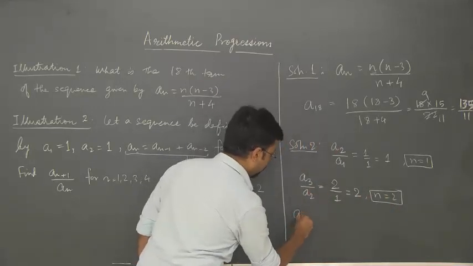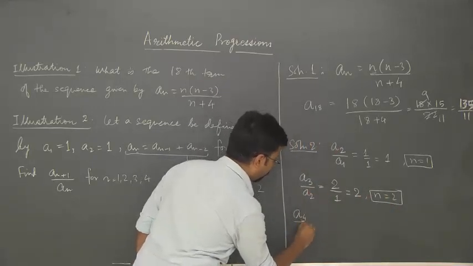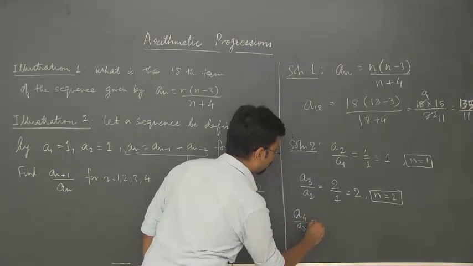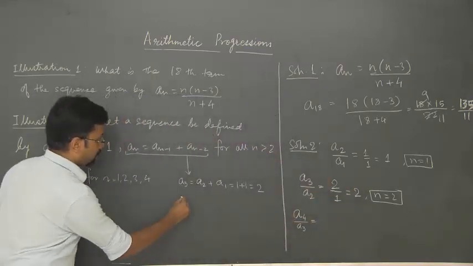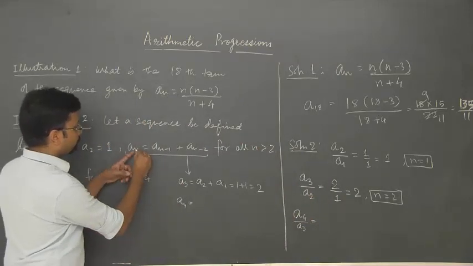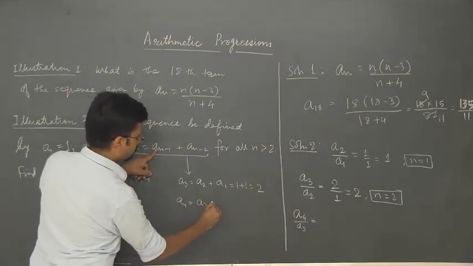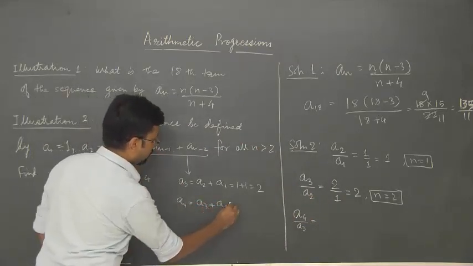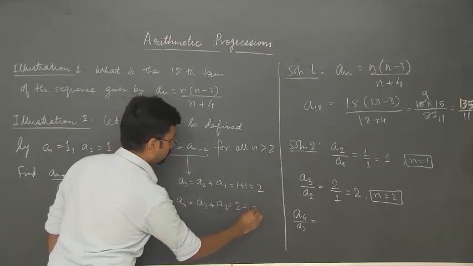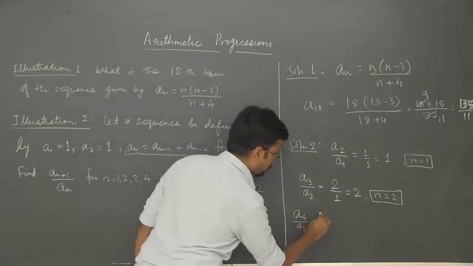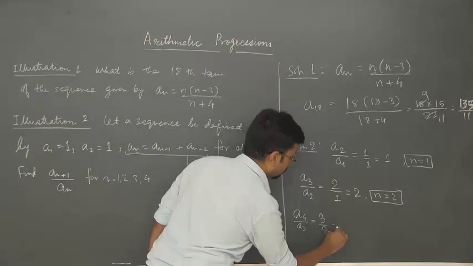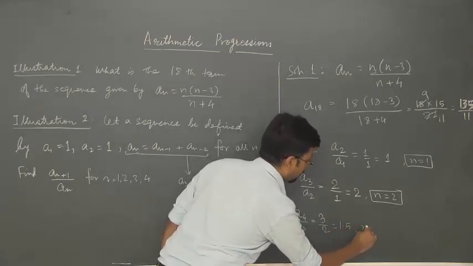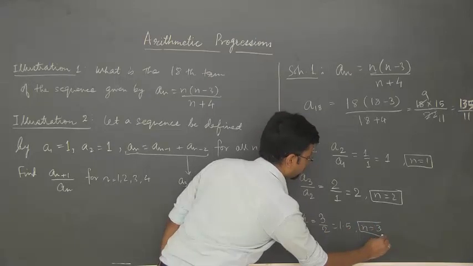Similarly, when we have to find a4 by a3, that is when n equal to 3, what do we get? a4 will be equal to a3 plus a2. a3 is 2 and a2 is 1. We get 3. So here we get 3 by 2 is equal to 1.5 for n equal to 3.